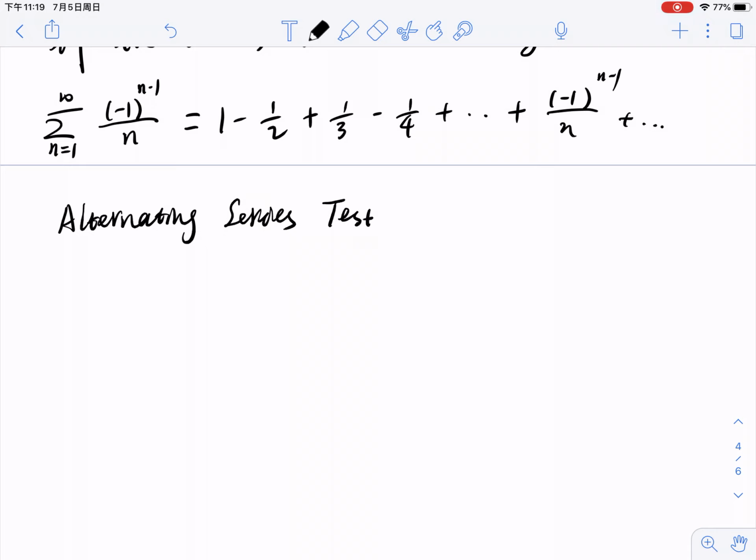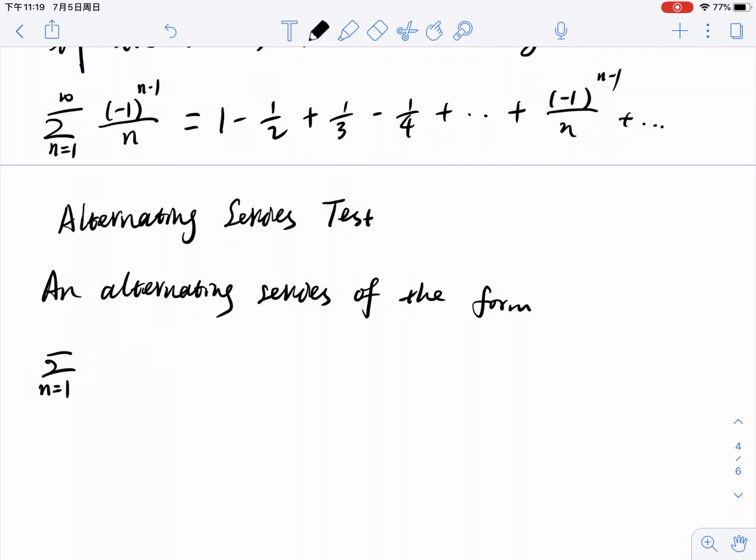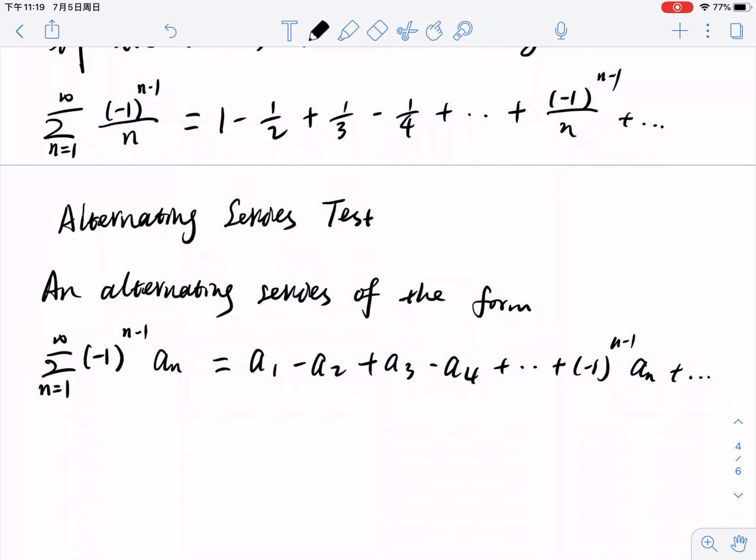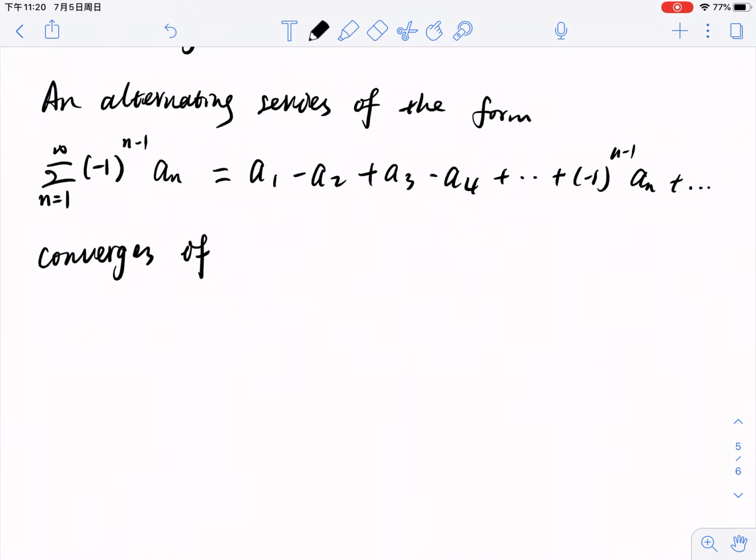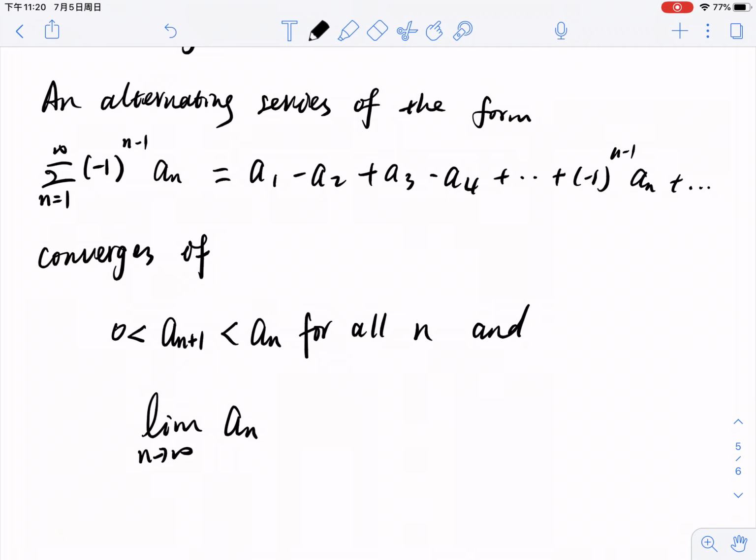This test says that an alternating series of the form a1 minus a2 plus a3 minus a4 converges if its terms decrease for all n and its limit as n goes to infinity is 0.